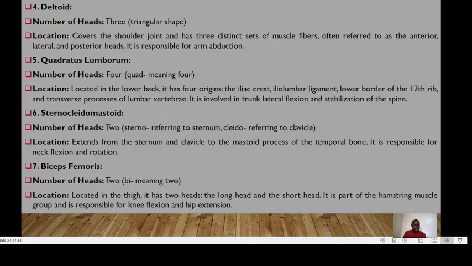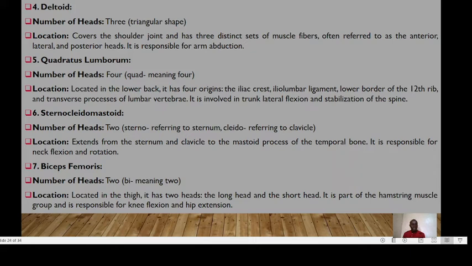The sternocleidomastoid muscle has two origins. It extends from the sternum and the clavicle to the mastoid process of the temporal bone. It is responsible for neck flexion and rotation. The biceps femoris is located in the thigh. It has two heads, a long head and a short head, and is part of the hamstring group, responsible for knee flexion and hip extension.